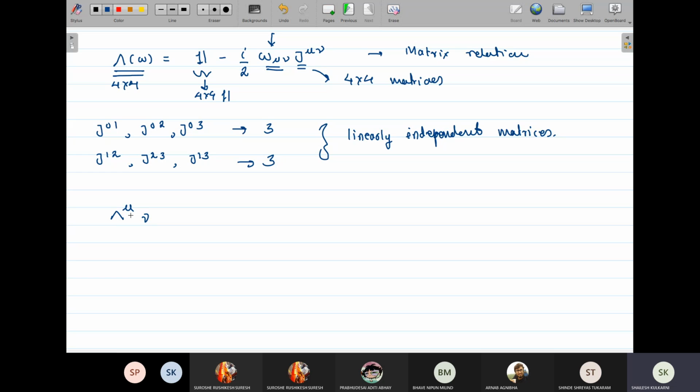This tells you the mu nu th element of the Lorentz transformation lambda. So here, what is the mu nu th entry of this Lorentz transformation? The mu nu th entry of this Lorentz transformation will be the mu nu th entry of this matrix.